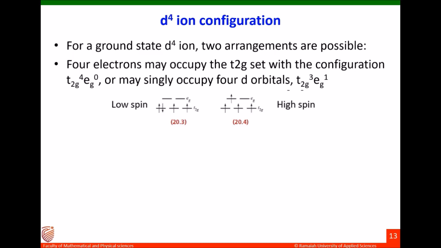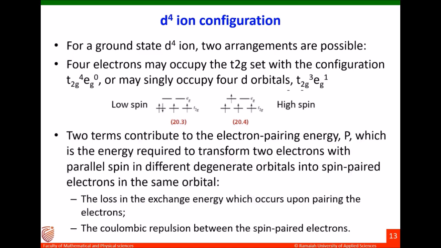So which is the preferred configuration? That depends on the metal ion as well as the ligand. So either it can prefer all the electrons to be in T2g, or single occupancy in all the orbitals of T2g and one electron in Eg.